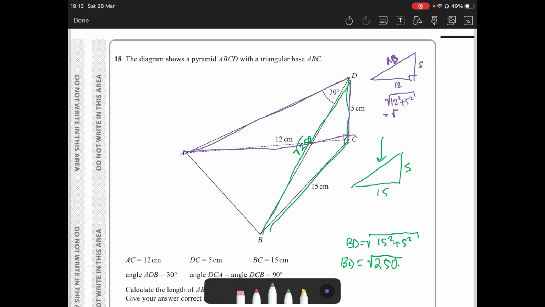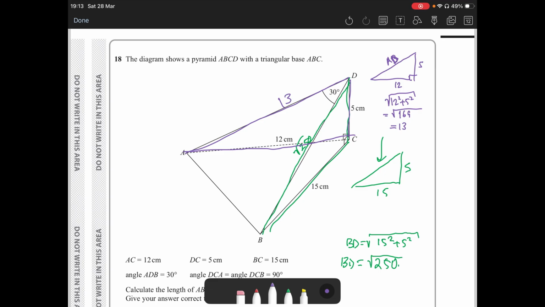It's a good old-fashioned Pythagorean triple. I don't even know why I'm typing this in. I know the answer's 13, but whatever, just to be sure. Yeah, it's going to be 13, isn't it?